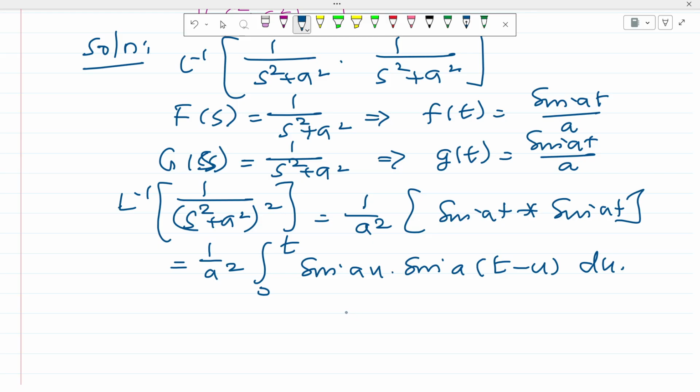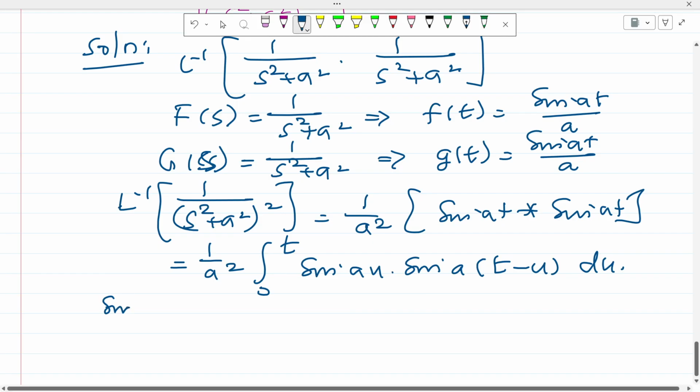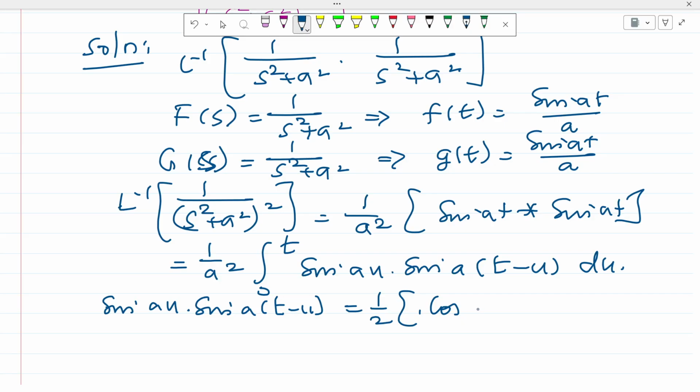Sin A, sin B formula: sin au, sin of a into t minus u is equal to 1 by 2 cos of A minus B, where A minus B is au minus at plus au. That means cos a into 2u minus t, minus cos A plus B. A plus B is au gets cancelled, at will come. Okay, so this is the formula.